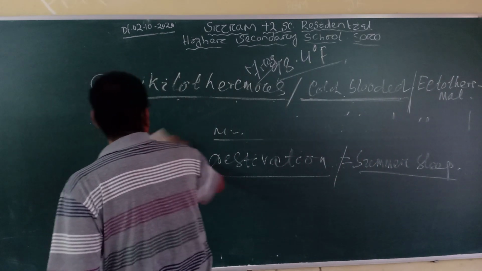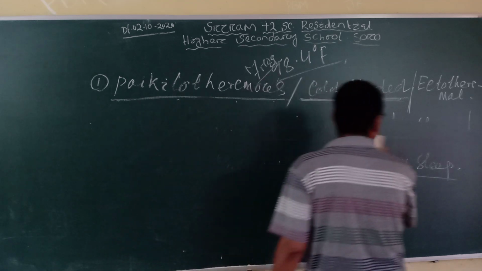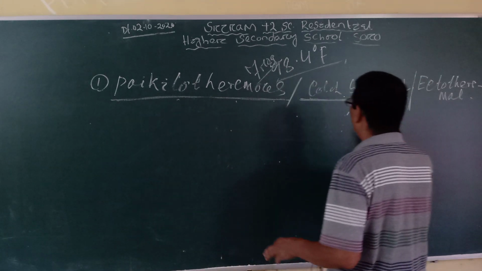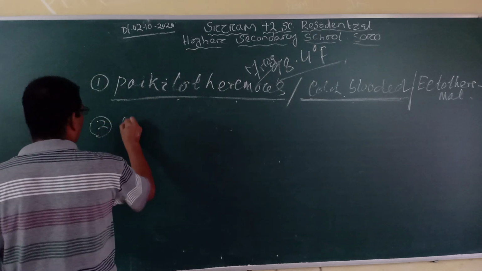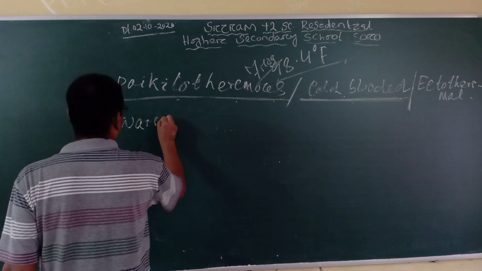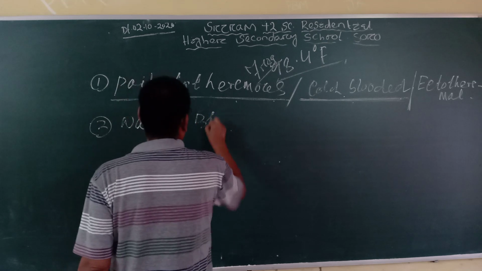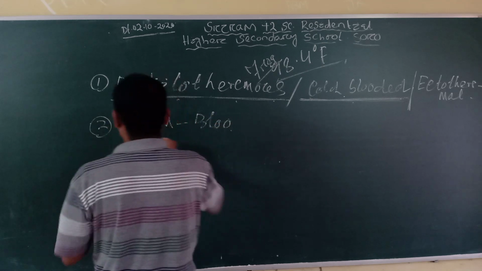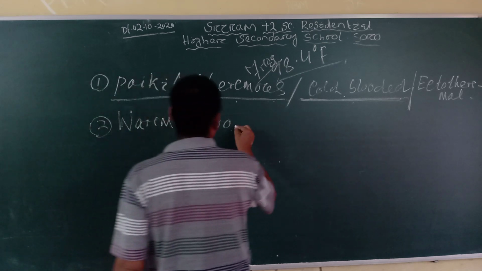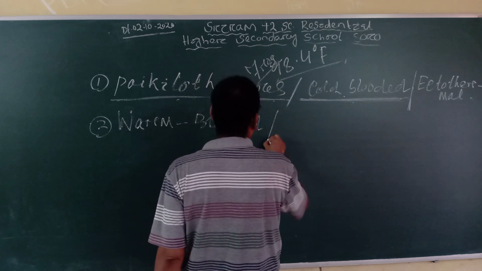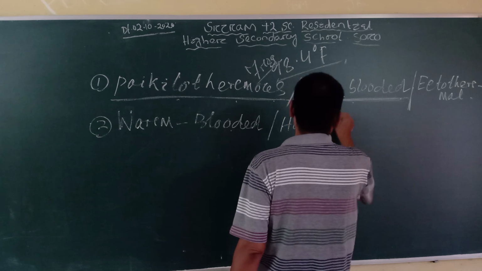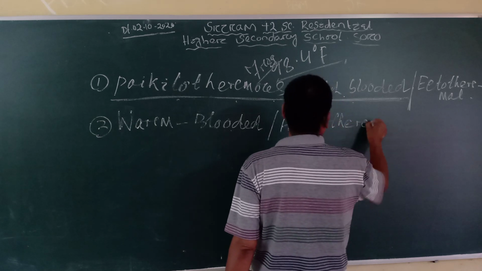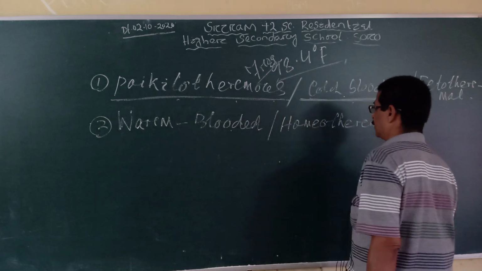Or poikilothermous or poikilothermic animal. Then you come to the second one, that is called the warm blooded. The second one is called the warm blooded. Warm blooded or homeothermic or homeothermal animals.